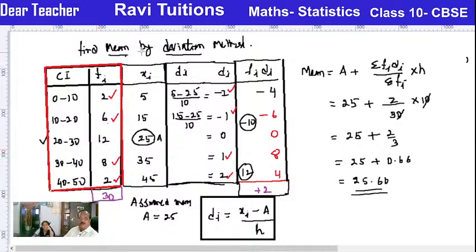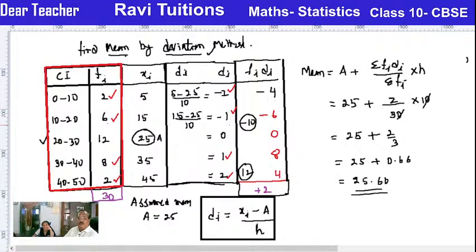This is the problem. So in this problem, all frequency values are very small, right? If these frequencies and the class intervals are very huge, bigger ones, okay, size is big, then you can use the deviation method, because in the deviation method multiplications are very simple with only 1 2 3.